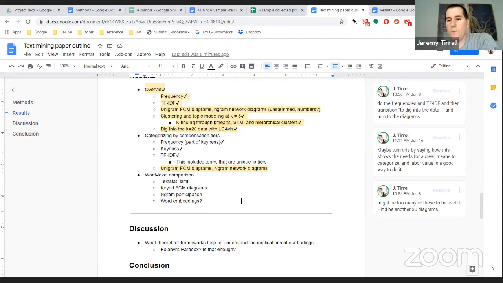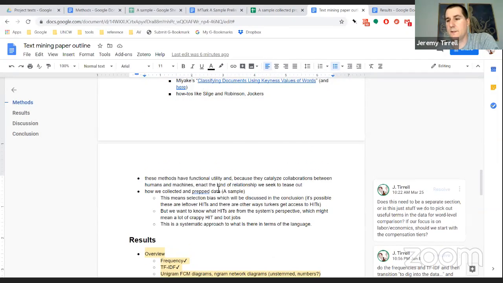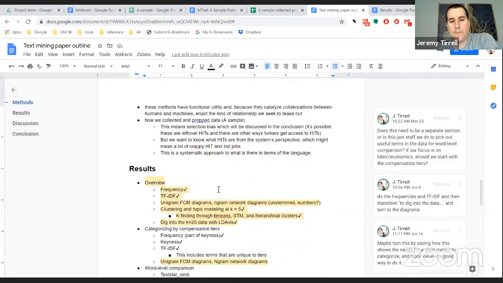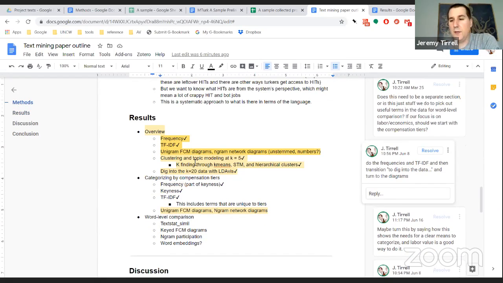So I think probably the way we'll proceed is this. We've got a draft of the methods section. I'm now writing up the results I've gotten here. The good news, I think, is the results are ready to go in terms of the stuff is basically done.